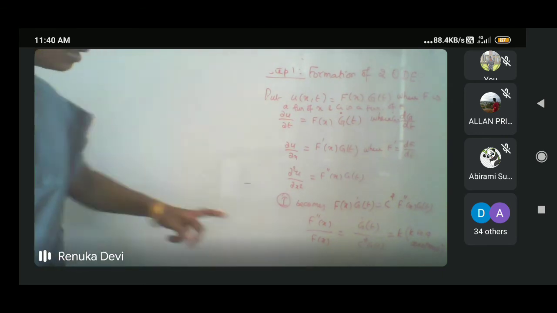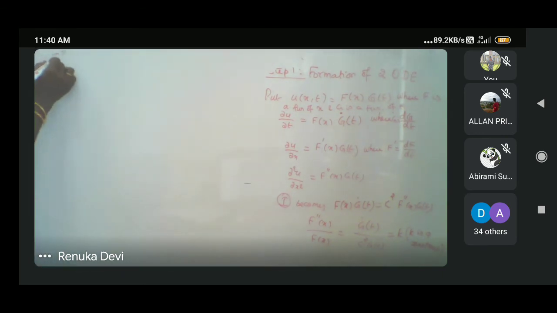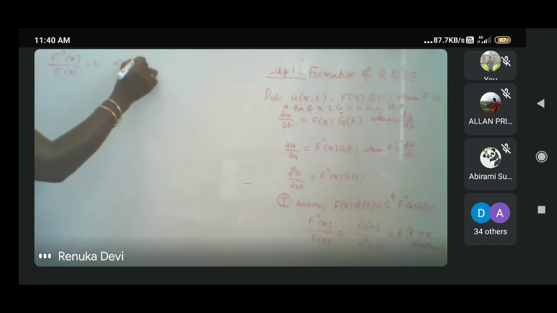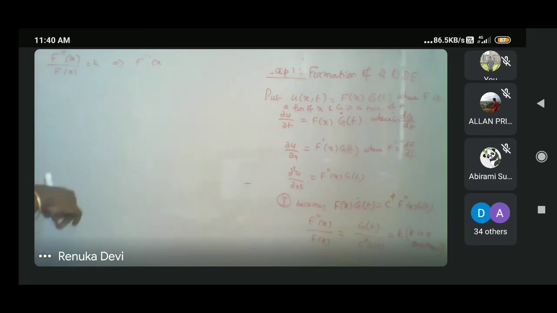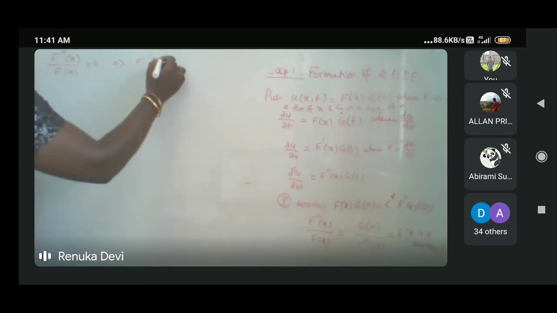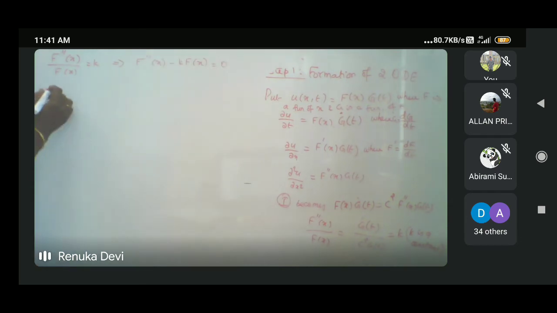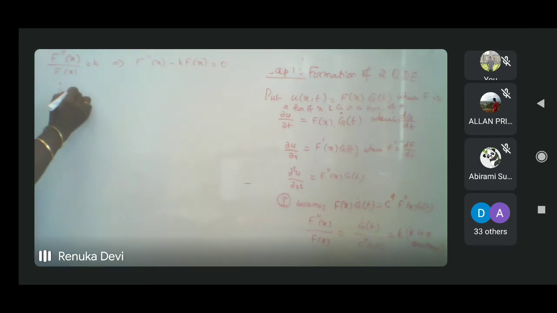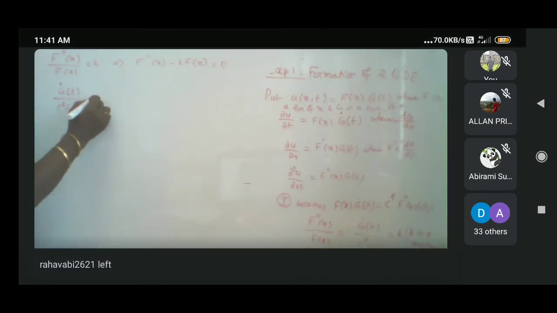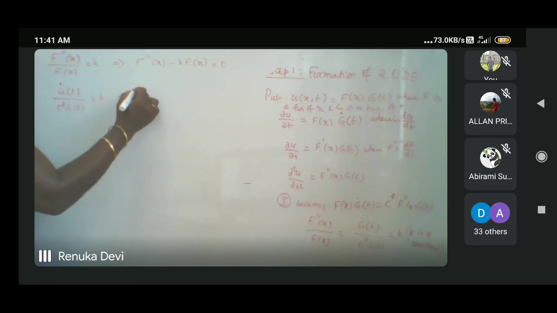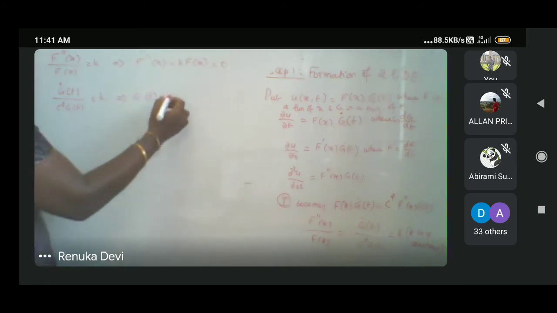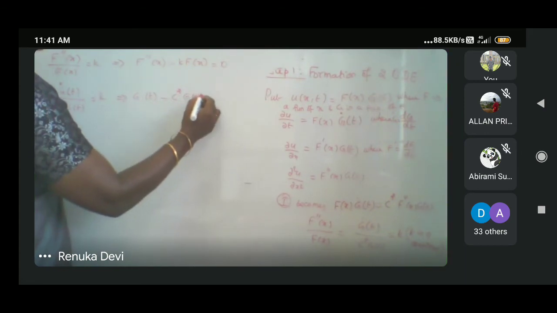So thus f double dash of x by f of x equal to k implies f double dash of x, we have to form the equation, isn't it? Minus k into f of x is 0. This is one equation. And similarly, g dot of t equal to k implies g dot of t minus c squared into g of t equal to 0. Both are derivatives, you should keep in your mind.